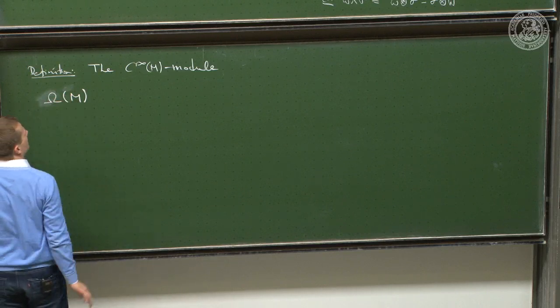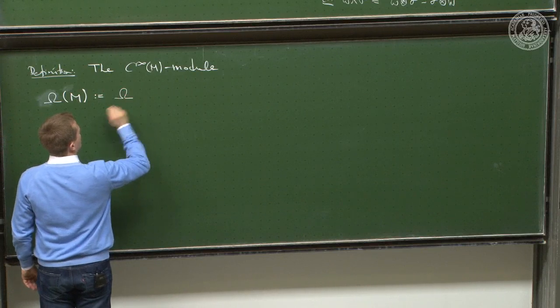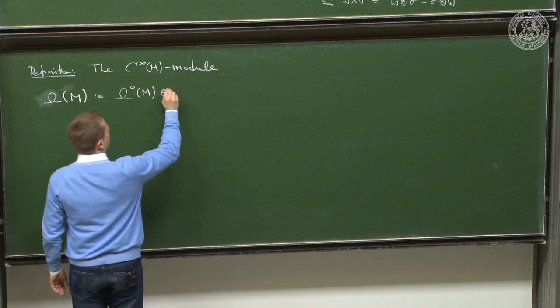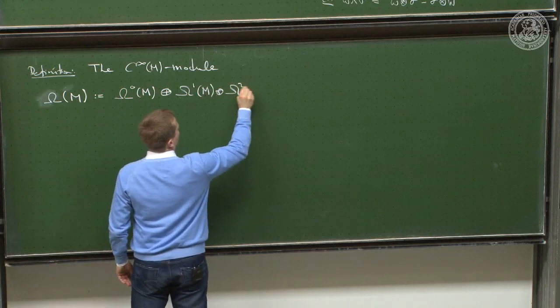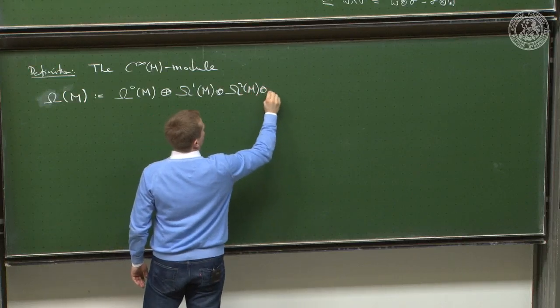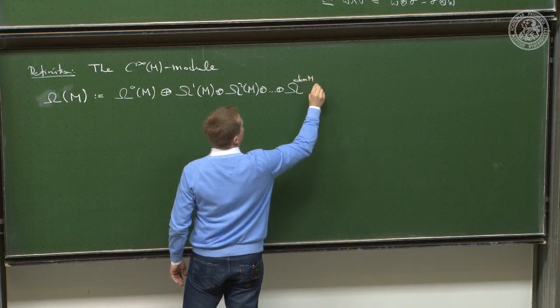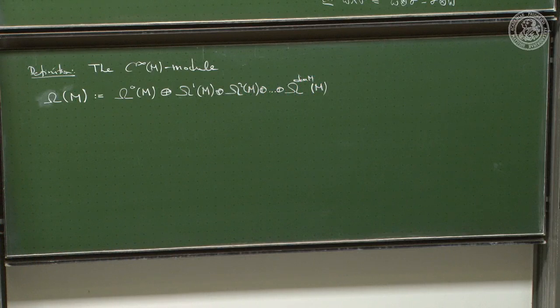Anyway, there's no particular mention of that, and that guy simply is the direct sum of this module, direct sum this module, omega 1, direct sum this module, plus... plus the finite direct sum up to the dim m forms on M, and we know those are the top forms, there are no further.